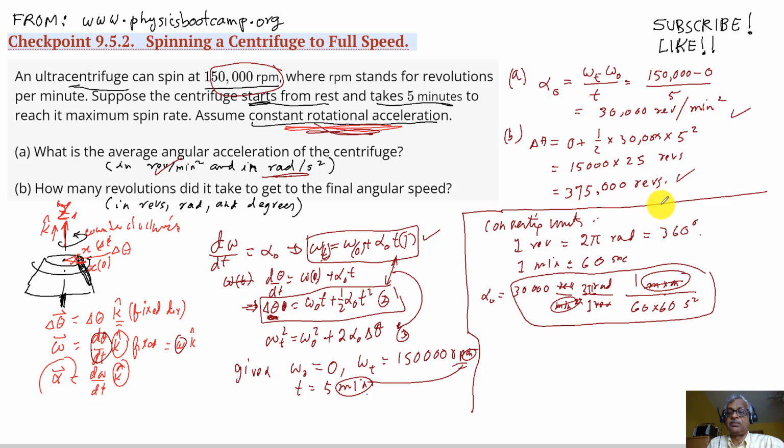For delta theta it is even simpler, you just multiply: you will have 375,000 times 2 pi radians, or 375,000 times 360 degrees. You just multiply them out, and that's the way you can convert them.